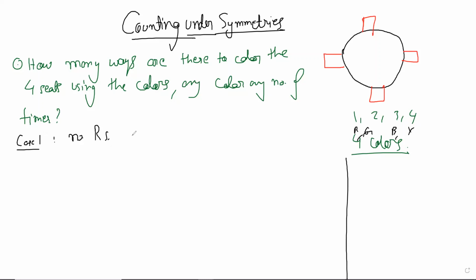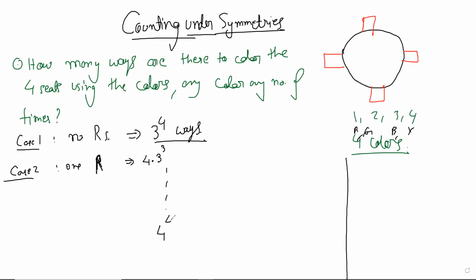If there are no reds, then there are 3 to the power 4 ways, which is very clear. One red. If you take these cases in the end, you're just going to get 4 to the power 4.